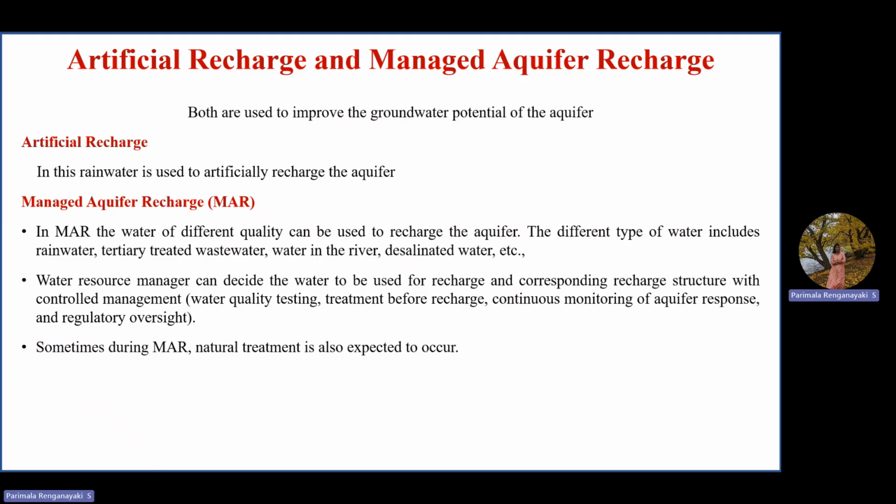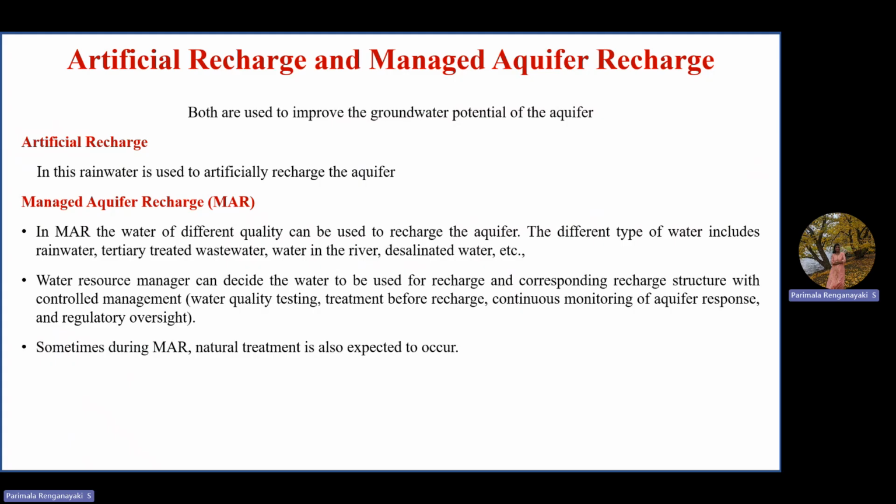Then, what is managed aquifer recharge? In managed aquifer recharge, water of different quality can be used to recharge the aquifer. So what are the different types of water which are used for managed aquifer recharge?